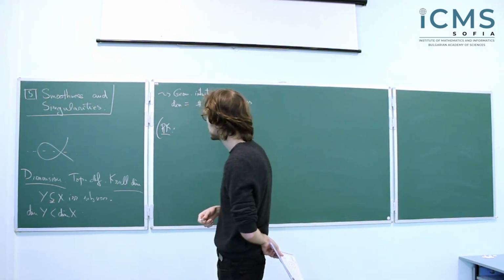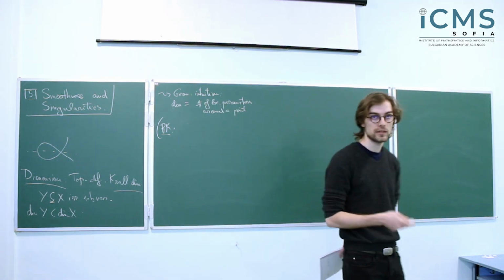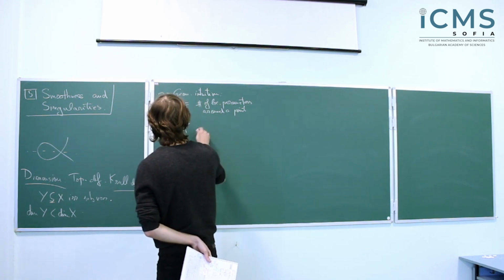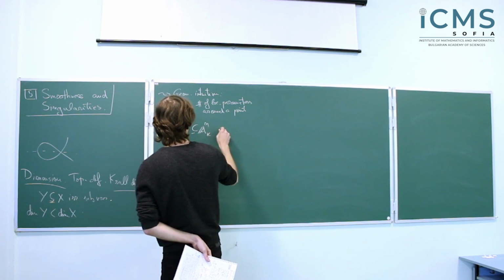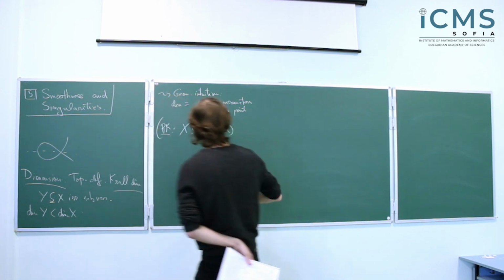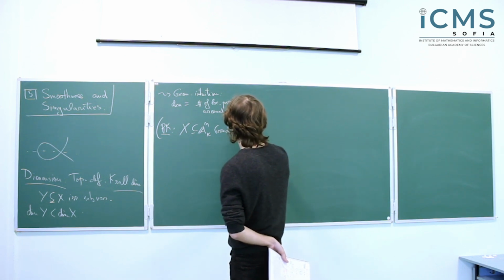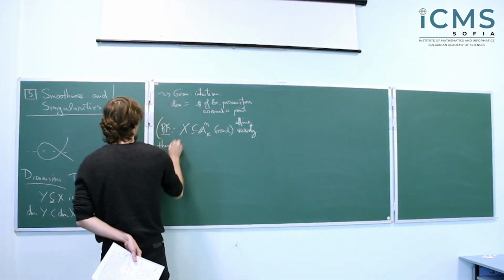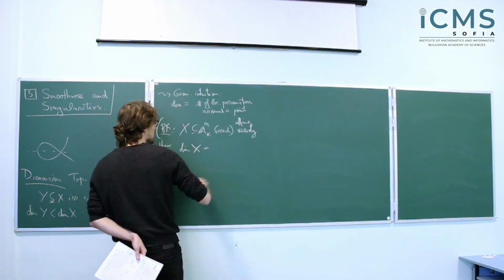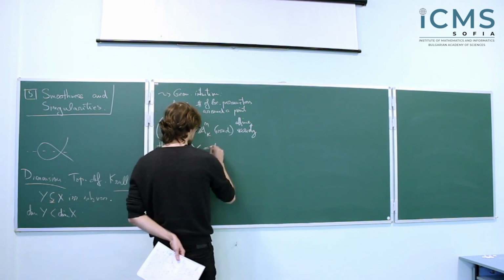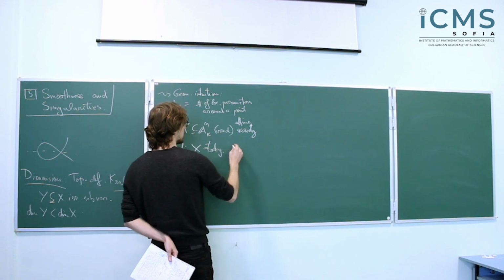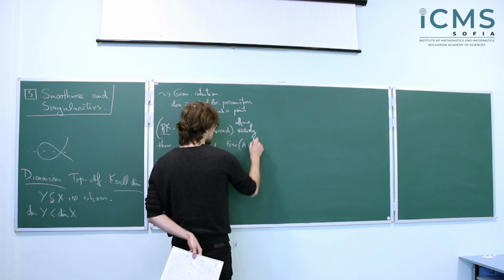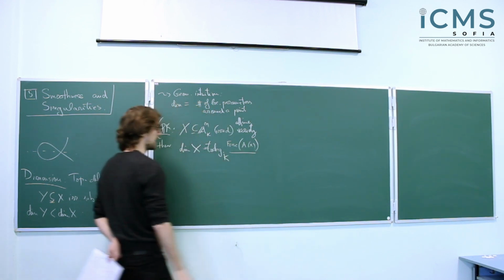So if you have an affine domain, that is the coordinate ring of an affine irreducible variety, irreducible, well, it's in the definition, but it's worthwhile recalling it, then the dimension of X will be the transcendence degree of the fraction field of the coordinate ring over the base field k.